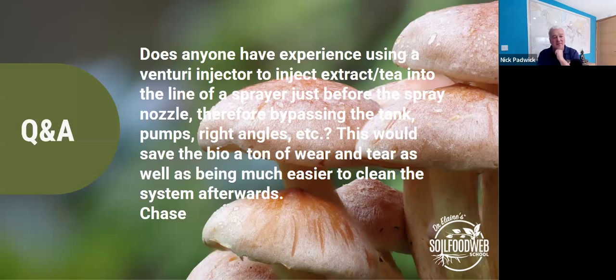Again, you go to all that effort of making your amazing extracts and teas and compost, and then it drops down at the last minute because the actual application doesn't work. One way of checking whether it works when you put it through these sorts of systems, which I do with mine, is, going back to the microscope, guys, I'm sorry, I test it when it's in the tank, and then I test it literally as it comes out of the nozzle, and we can see the difference, because you will lose some.